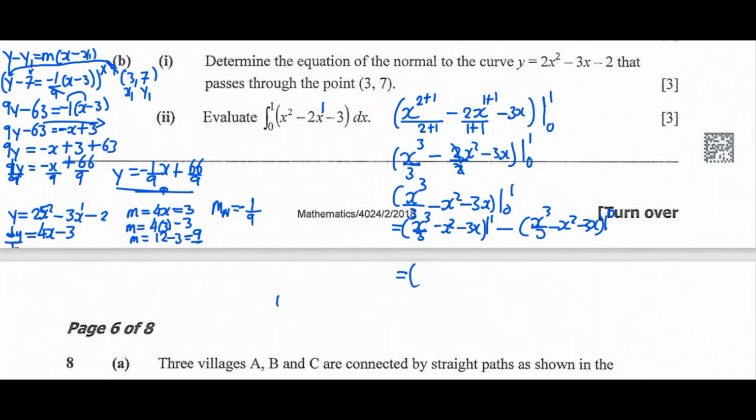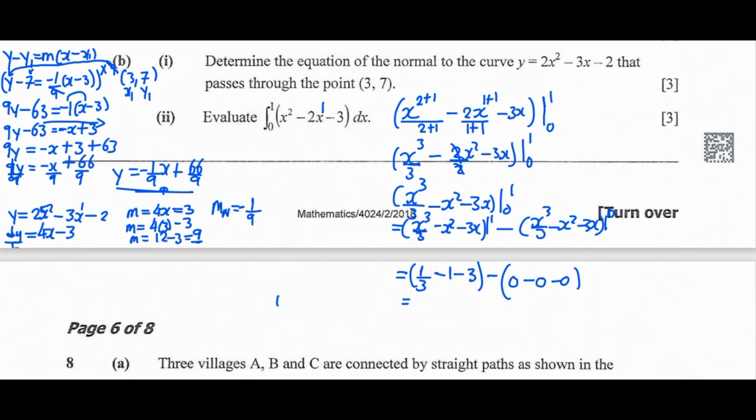Where there is x, we put 1, so it's 1 over 3, because 1 times 1 times 1 is 1 over 3. Minus 1 squared is 1, minus 3 times 1 is just 3. Minus, let's go into this one. This one will just give us 0, because 0 to the power 3 is 0, divided by 3 is 0, minus 0, minus 0.